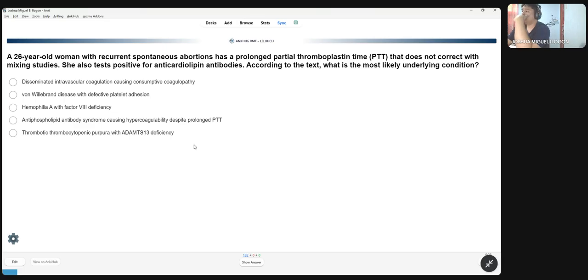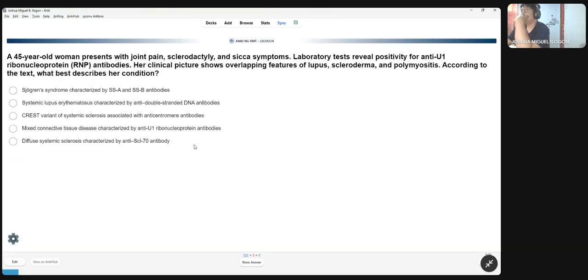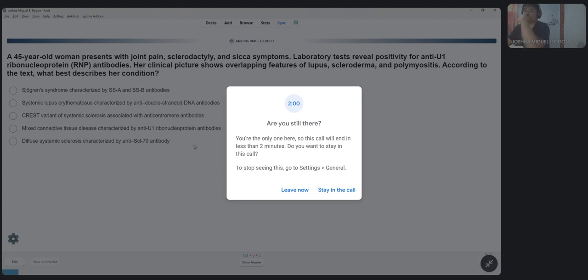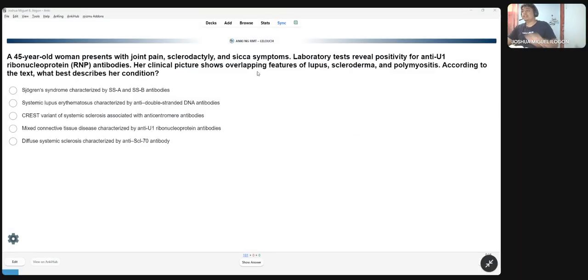26-year-old woman with recurrent spontaneous abortions has a prolonged partial thromboplastin time. Okay, I know this. Does not correct with mixing studies. She also tests positive for anti-cardiolipin, antiphospholipid antibody syndrome. Laboratory tests reveal positivity for anti-U1 ribonucleoprotein antibodies. The woman has joint pain, sclerodactyly.